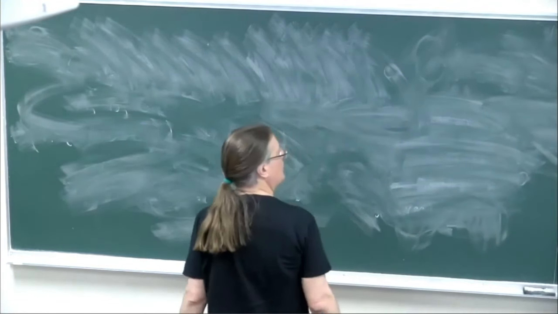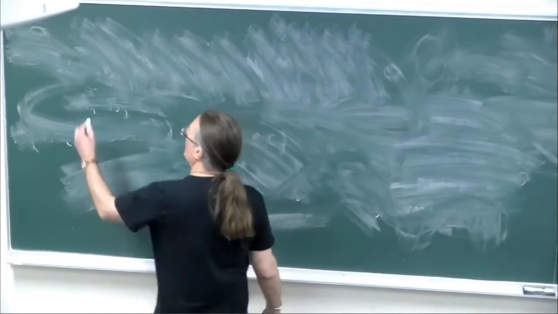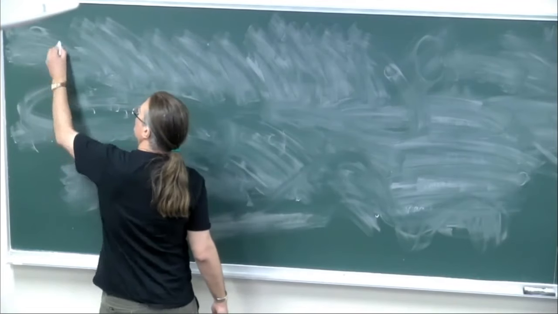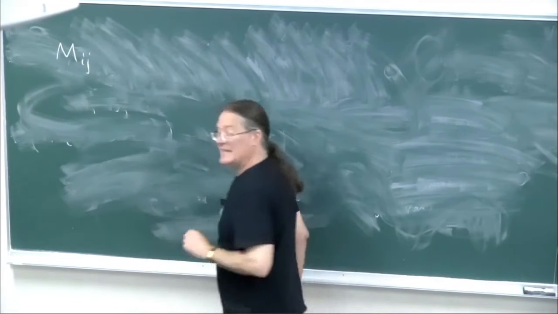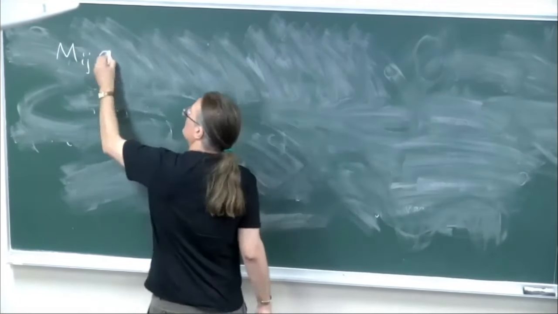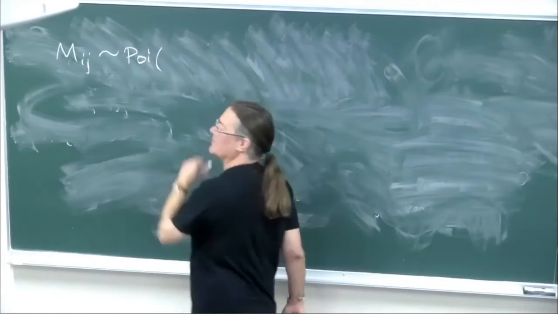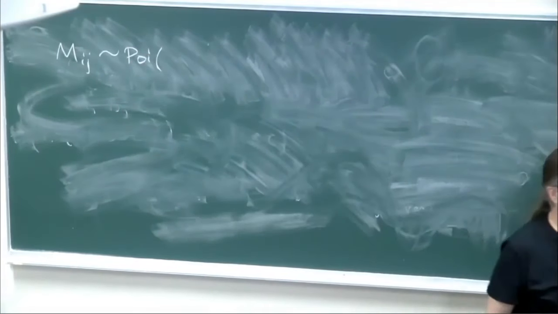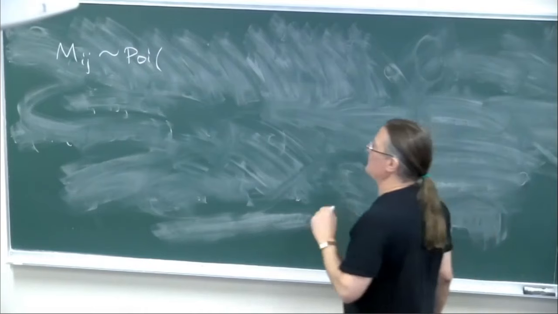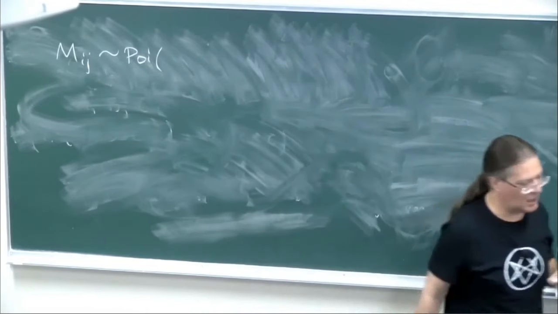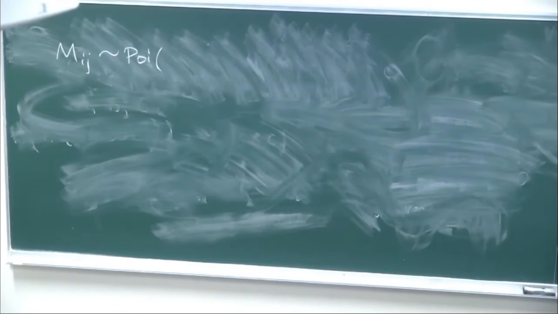Let's look at a different one where our observed matrix, Mij, each entry is going to be Poisson distributed. And the mean of that Poisson distribution, that is going to be the low rank matrix.